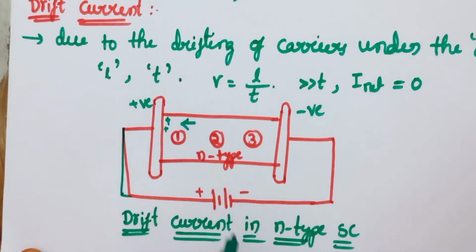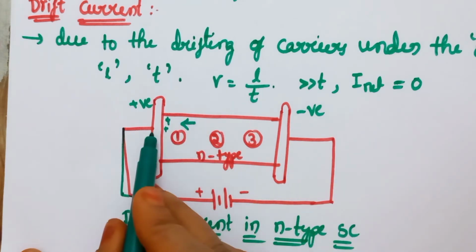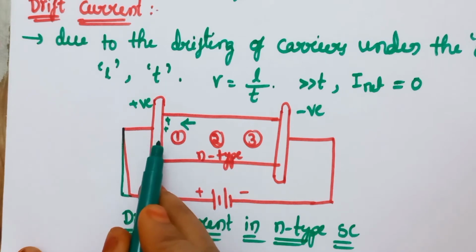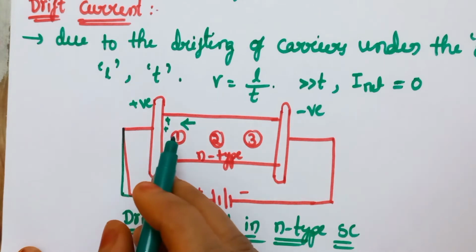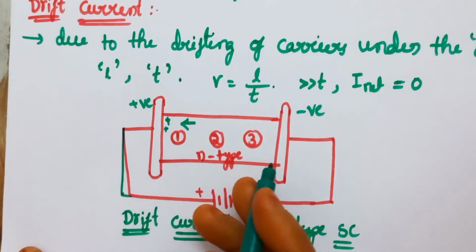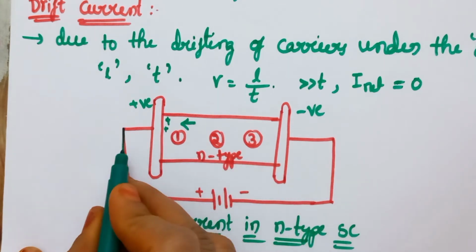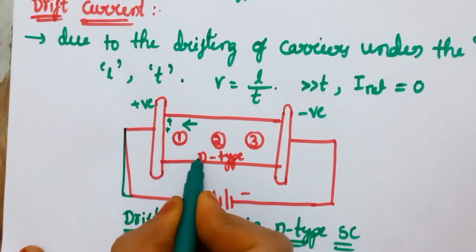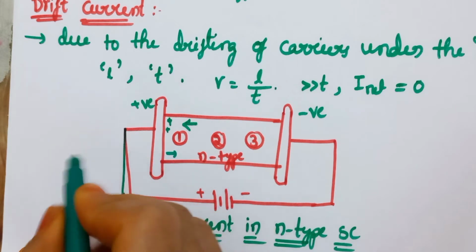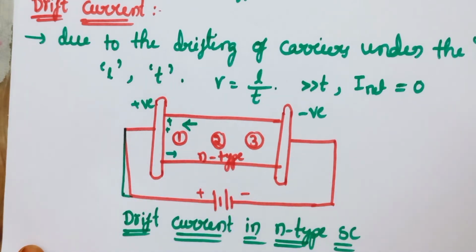The donor atoms have thus lost their free electrons. The donor atoms near the positive electrode will pull electrons from the electrode, so the semiconductor remains electrically neutral.